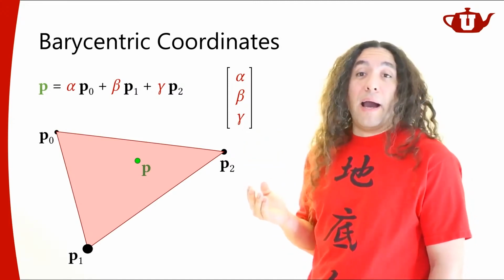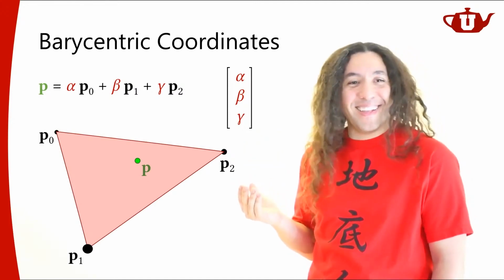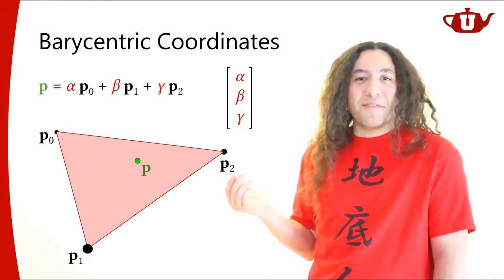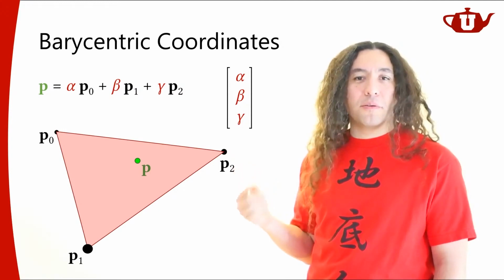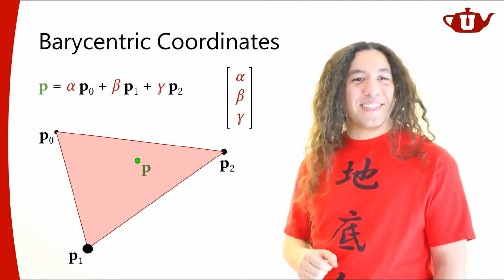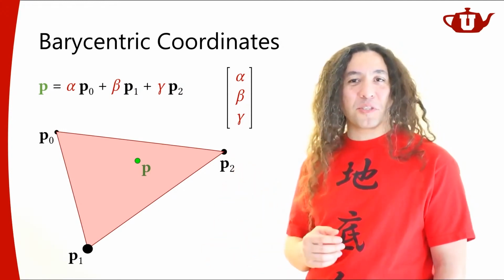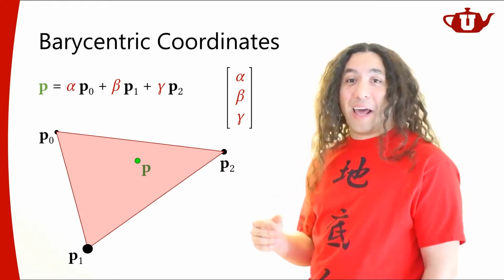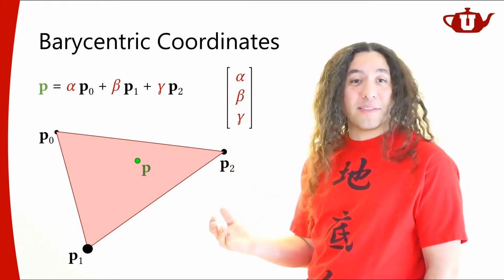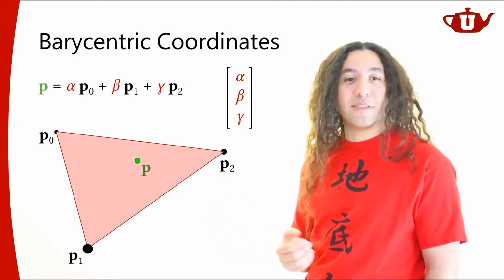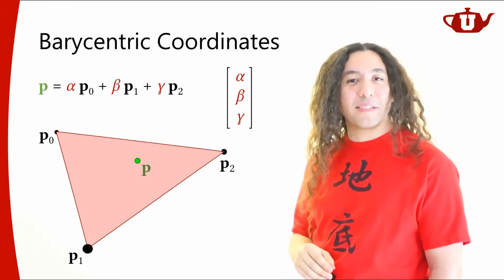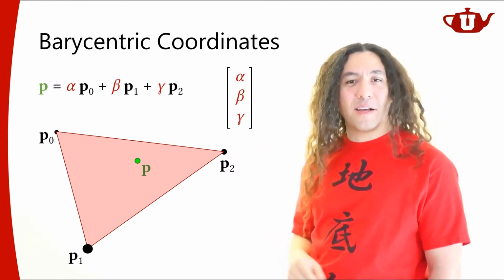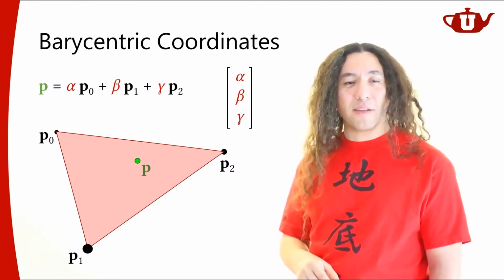Or this could be a 4-dimensional triangle. Can you define a 4-dimensional triangle? Very easy. You just pick X, Y, Z, let's say W, for these points to represent their positions in 4 dimensions. And that would form a 4-dimensional triangle, or a triangle in 4 dimensions. And again, it's going to have these 3 coordinates representing its barycentric coordinates for any points on this triangle.